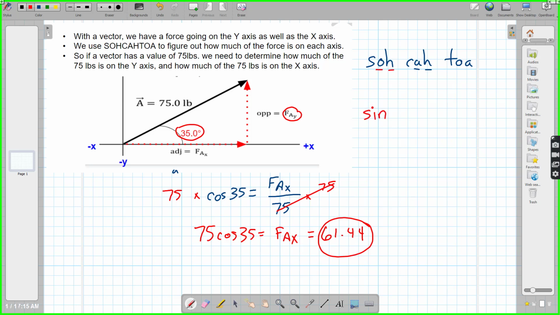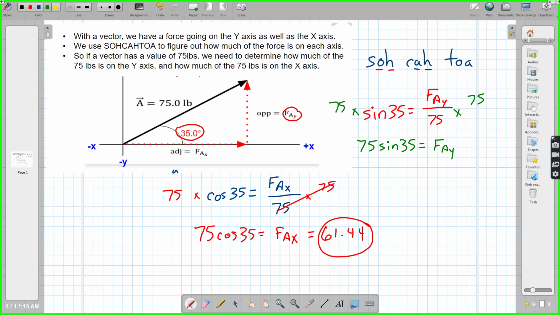So sine of 35 equals opposite, so FAY over hypotenuse, which is 75. Again, it's going to be very similar. It's just a different operation, right? So I'll say times 75, and then again times 75. So 75 sine of 35 is going to give us FAY.